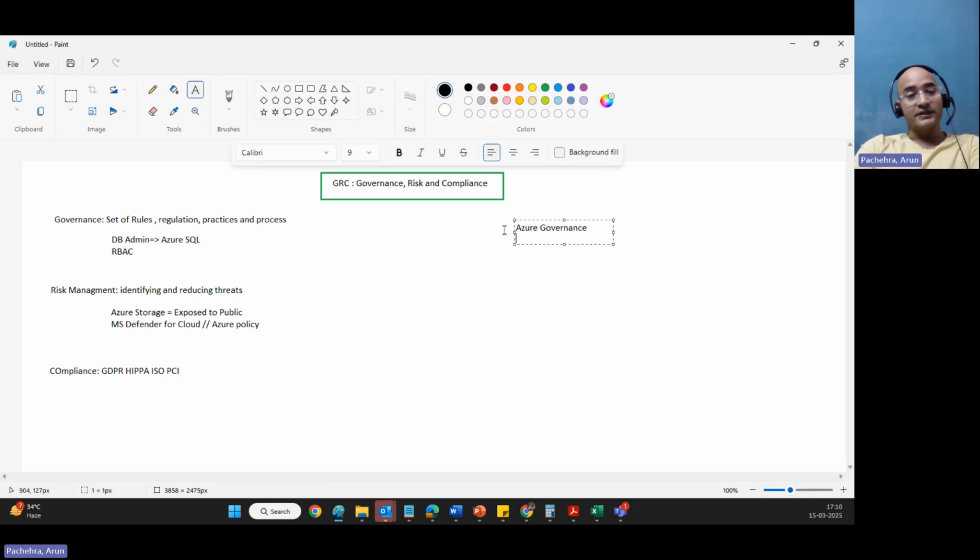Without governance, organizations may face security risks, cost overruns, and operational inefficiencies, and a lot more, to be honest. For example, we gave the storage account. Risk management came later when MS Defender figured out there was a publicly exposed storage account. But if there is proper governance in place, this will never happen, right?